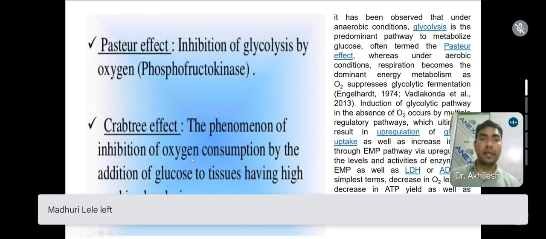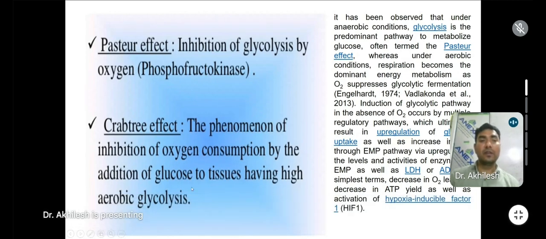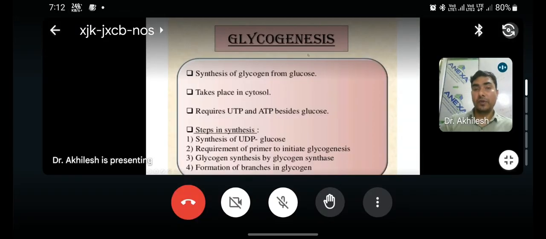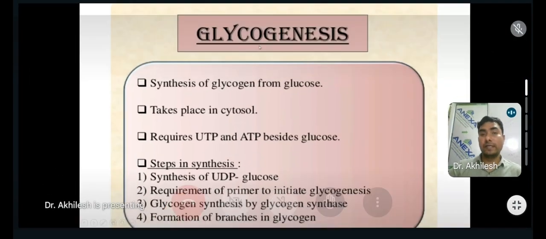Then there is the Crabtree effect, the phenomenon of inhibition of oxygen consumption by addition of glucose to tissues having high aerobic glycolysis. These are common pathways which can be seen in many conditions, specifically cancerous conditions and other pathologies.